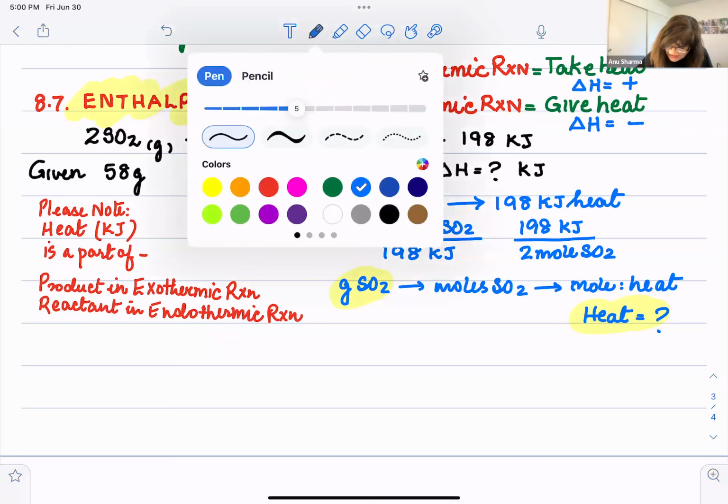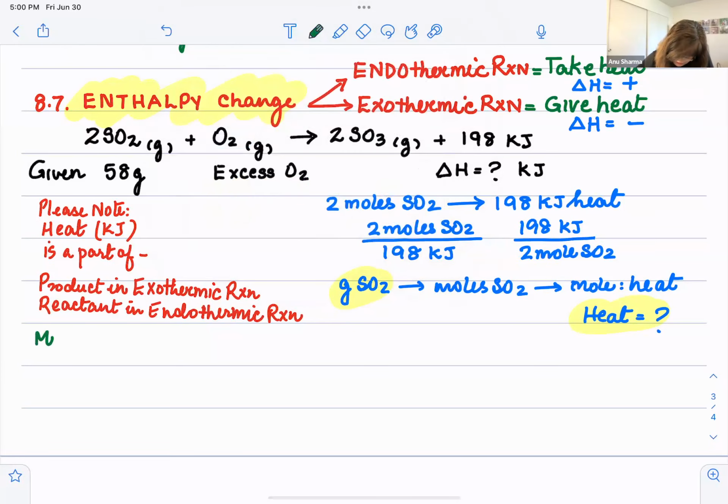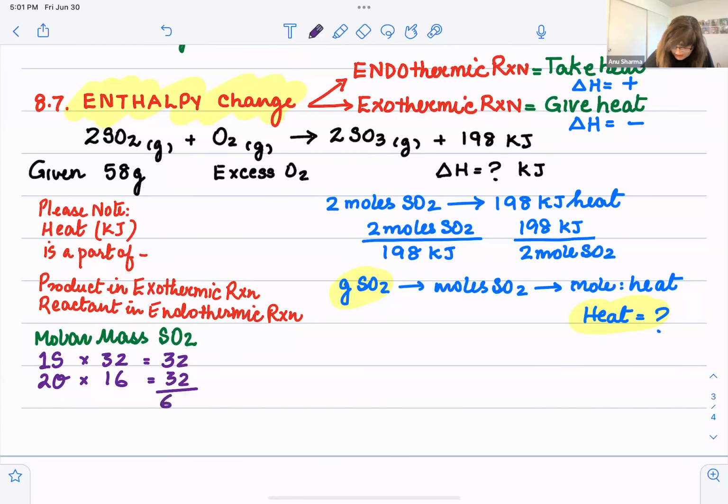Once again, we need the molar mass of sulfur dioxide: 1 sulfur, 2 oxygens. Sulfur is 32 grams. Oxygen is 16 grams, so 16 times 2 is 32. So this becomes 64 grams per mole.